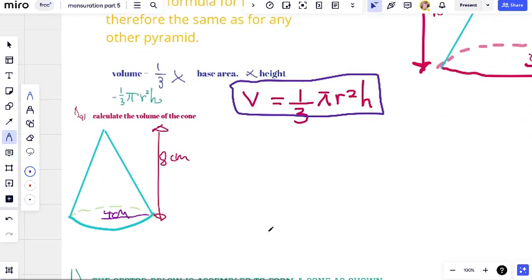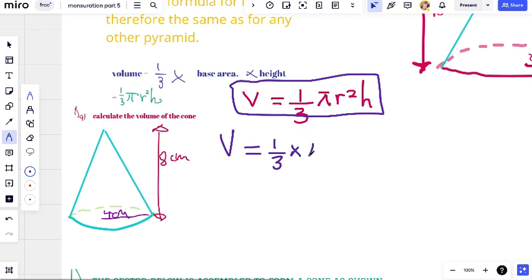Now let's take a look at the first example. It says calculate the volume of the cone. You can see the radius r is 4 centimeters, and the height is 8 centimeters. So the volume is simply calculated by keying the values into the formula: 1/3 times pi r squared.